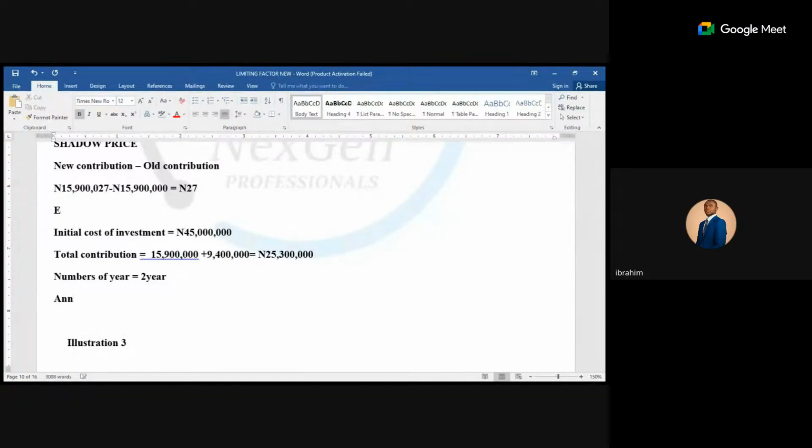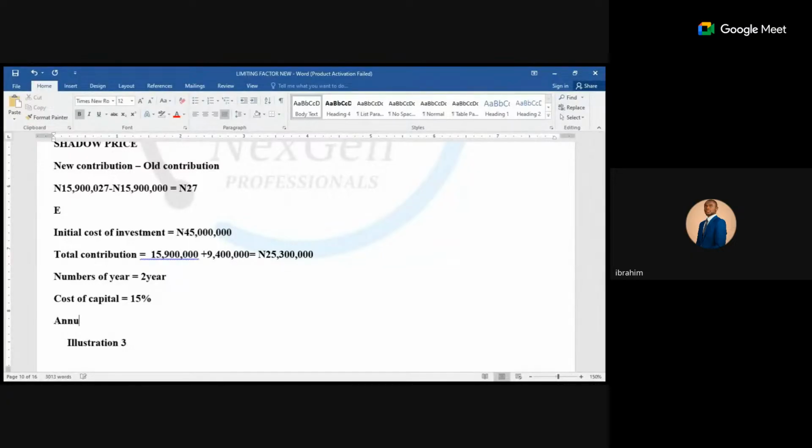So we need to calculate the discount. Don't forget that we have the cost of capital. What is the cost of capital given to us? 15%. So in this 15%, we need to determine our discount factor, but it is for 2 years.